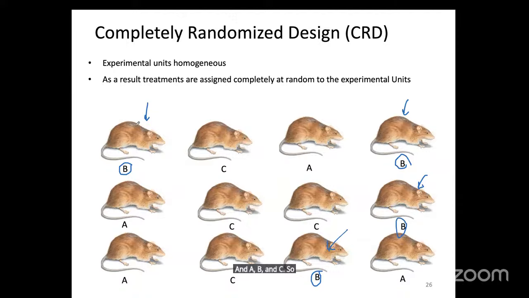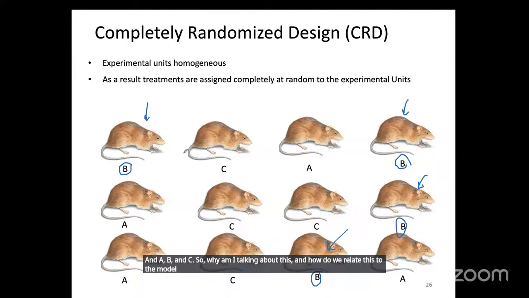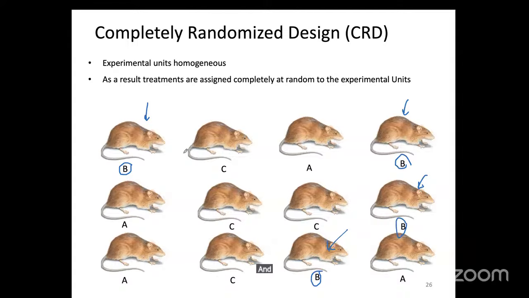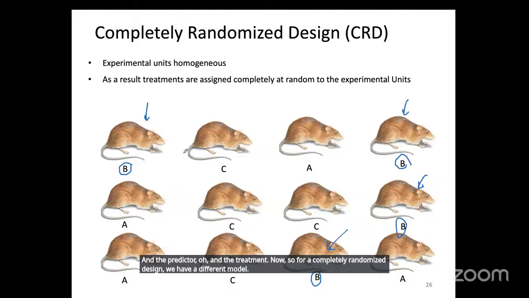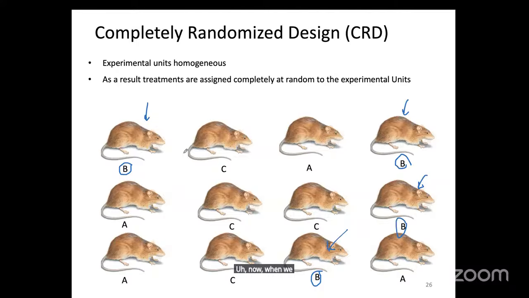So why am I talking about this, and how do we relate this to the model? We relate this to the model because it will determine the relationship between the response variable and the predictor, the treatment. For a completely randomized design, we have one model. When we bring in the issue of blocking, we have a different model.